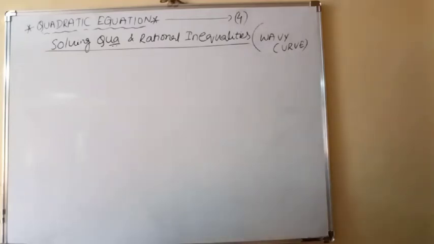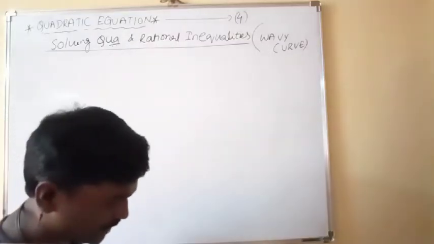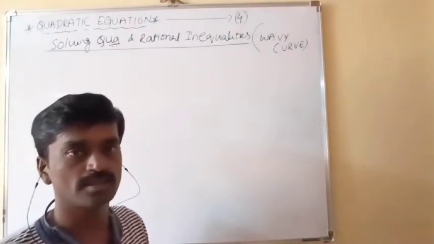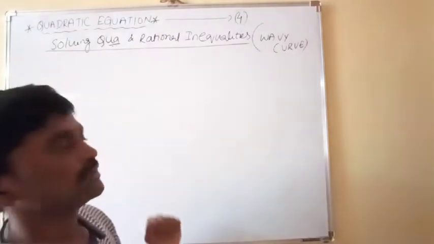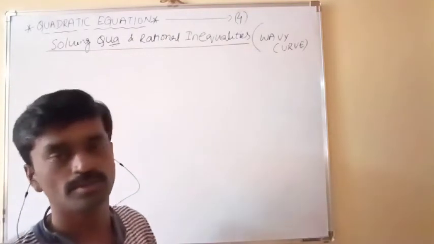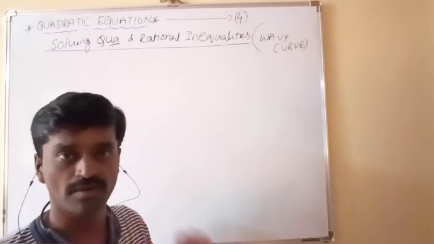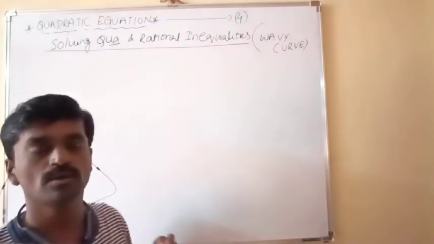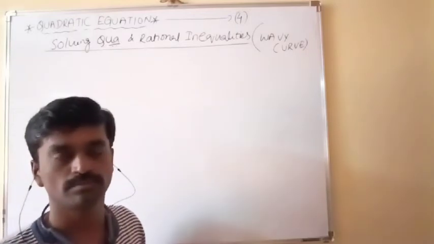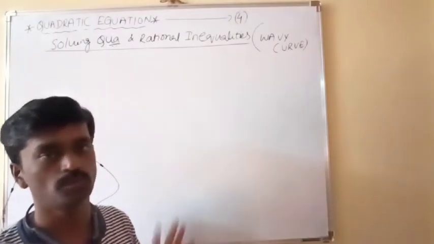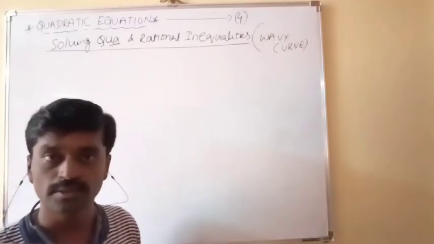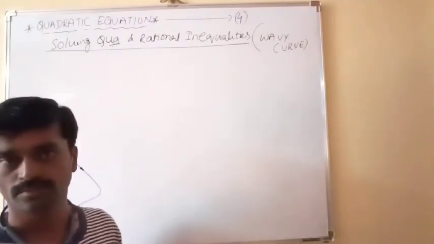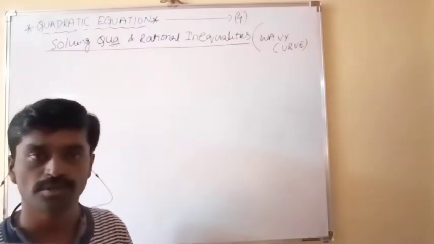To solve quadratic or rational inequalities, first you factorize that quadratic expression or rational function. Suppose the numerator and denominator are both polynomials. First factorize, and in every linear factor make the coefficient of x positive. Identify for what values of x the numerator is 0 and for what values of x the denominator is 0.